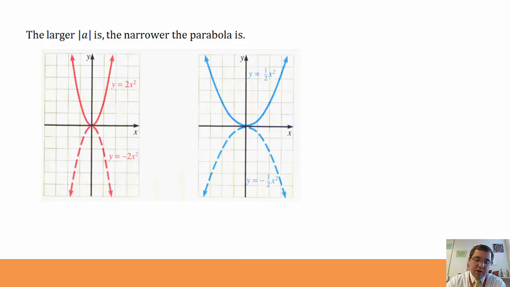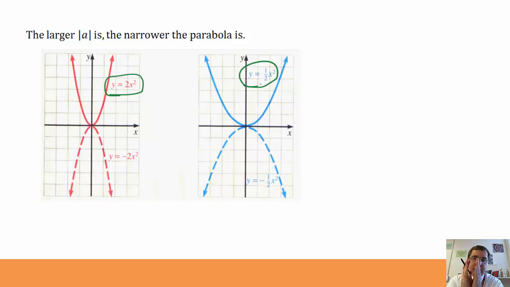So if I have y equals 2x squared, like this, I've made my parabola narrower than it was without the 2. But if I have y equals 1/2 x squared, I've actually made my parabola wider than it was without the 1/2. So the larger the absolute value of a, the narrower the parabola.